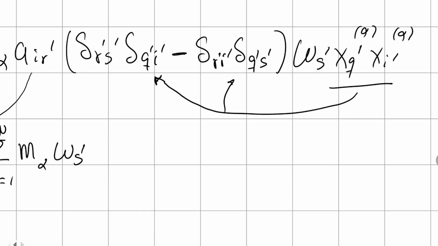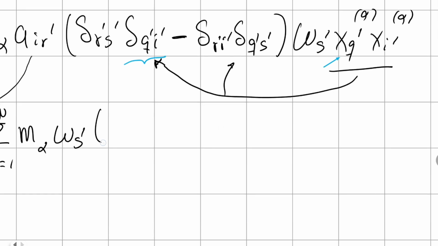This Kronecker delta is going to change this Q index of this coordinate to an I. So we get x_i times x_i, and we have been watching in other videos that this represents the magnitude squared of the R vector.